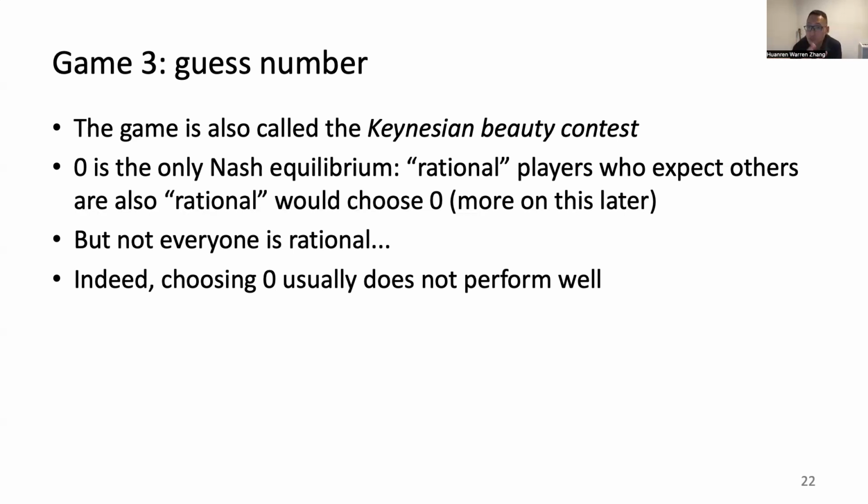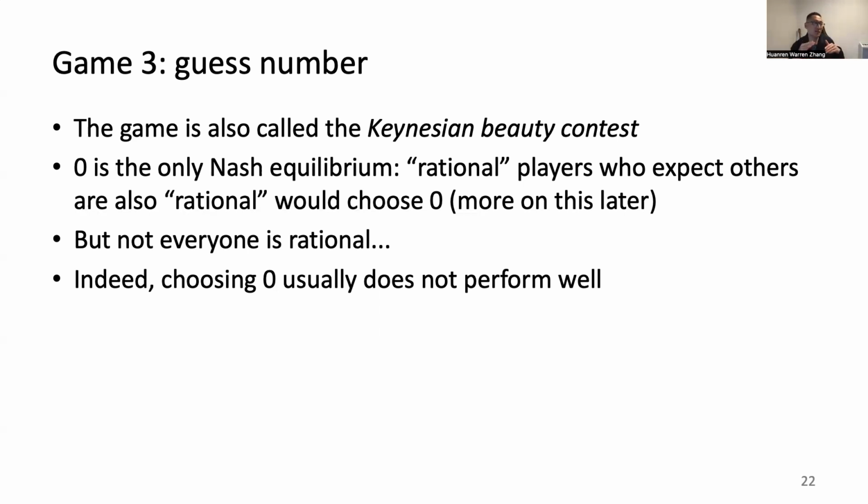Because if you're choosing 0, given that everyone else is choosing 0, then you are splitting the award, right? But if you change your answer to 1, for example, the winning number is 0, you earn nothing, and the other participants split the award. So if everyone reached the point that the choices are all 0, then no one will try to deviate from this number. That's why 0 is a Nash equilibrium, and as it can be shown, it's the only Nash equilibrium.